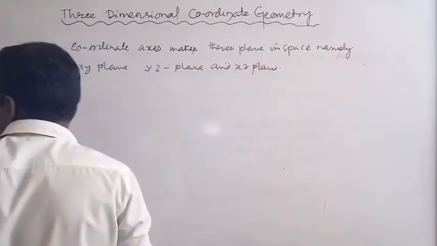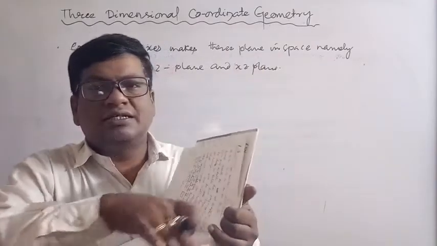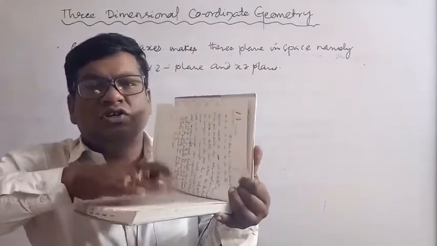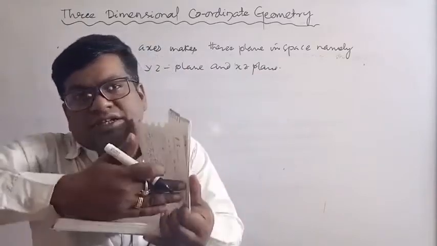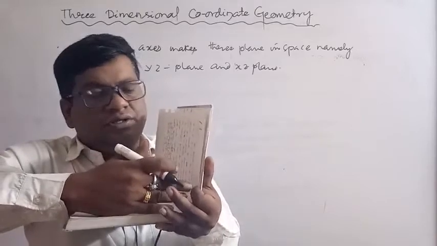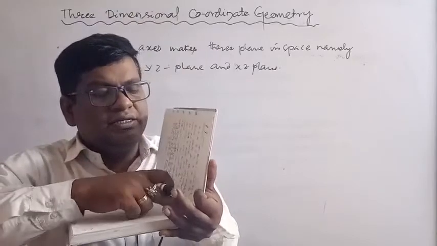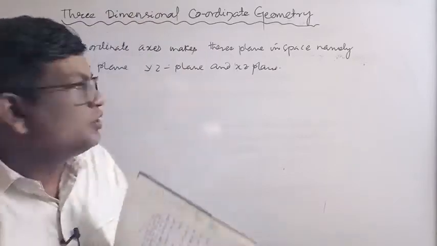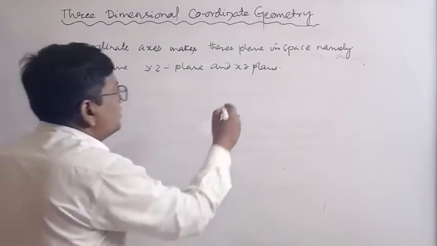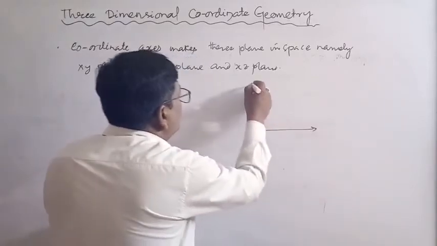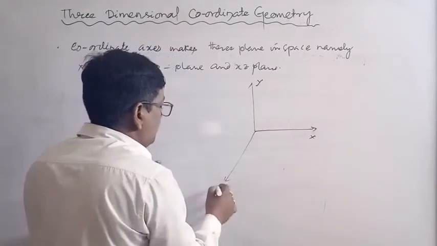Suppose this is the x-axis and this is the y-axis. This plane is called the xy plane. This is z, so this plane, my palm here, is called the xz plane, and this is the yz plane. Clear? Suppose this is x and y and this is z.